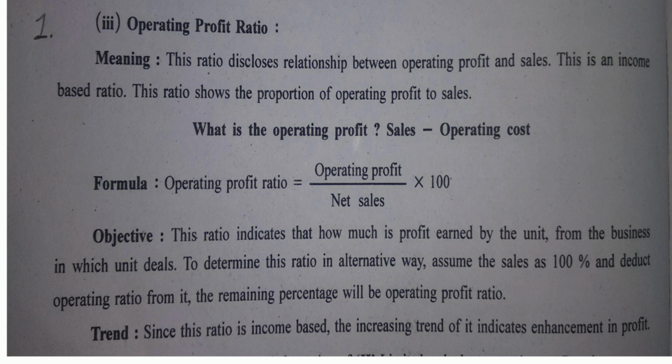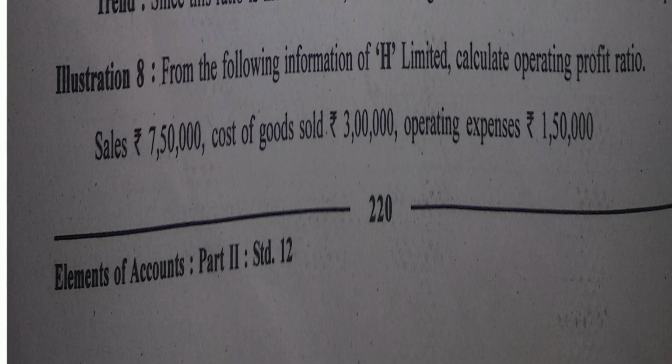That you will easily understand while solving an illustration. But the important thing here is to memorize the main formula. So the formula for operating profit ratio is operating profit upon net sales into 100. So illustration 8 says, from the following information of H Limited, calculate operating profit ratio.